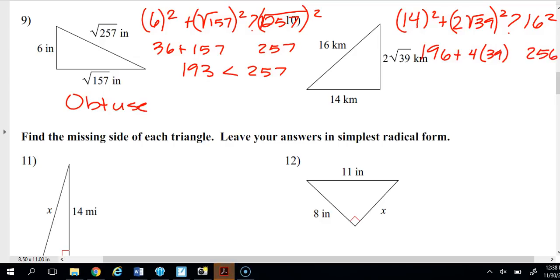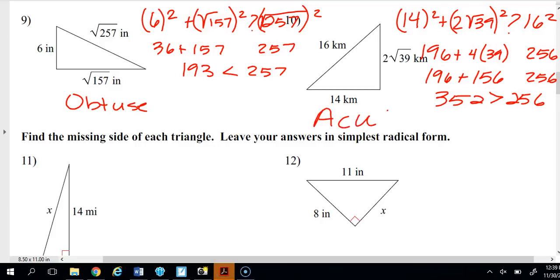So here we have 196. And when we multiply 4 times 39, that gives me 156. Still going to compare that to 256 over here. So we've got 352 and 256. So we can see this time that 256 is smaller, so our hypotenuse squared, or our longest side squared, is smaller, so this is going to be an acute triangle.